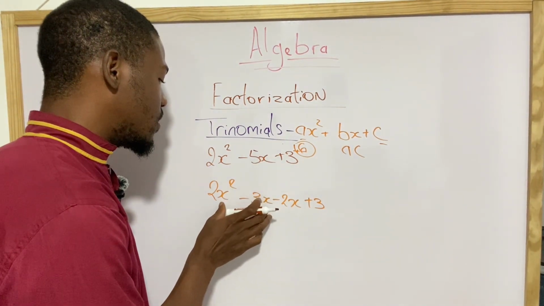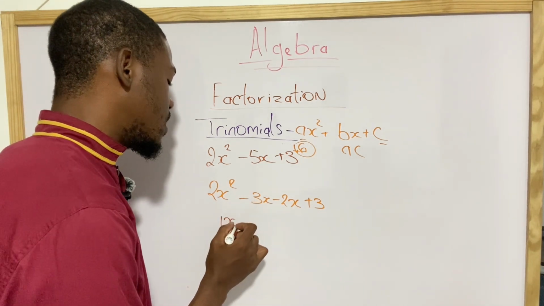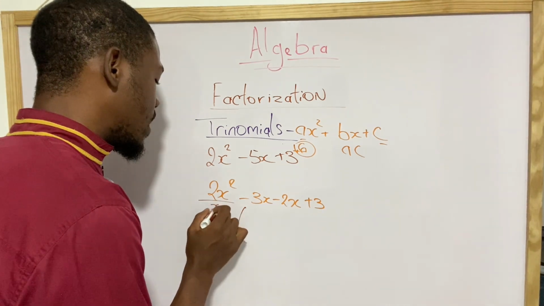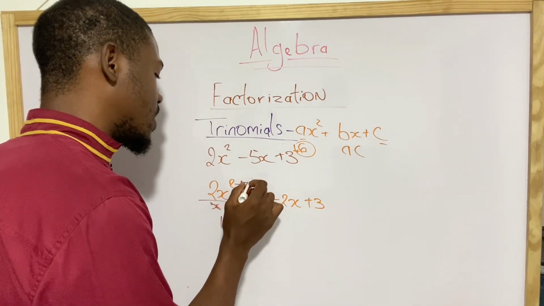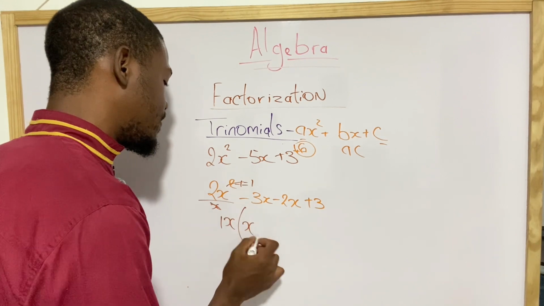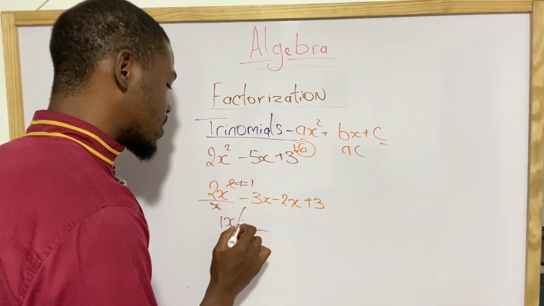In taking this out, we take out the one with the lowest index. So x here, and as we normally divide, if we're dividing x, we're literally subtracting it. Oh, sorry, I left out my 2. So I'm left with 2x.